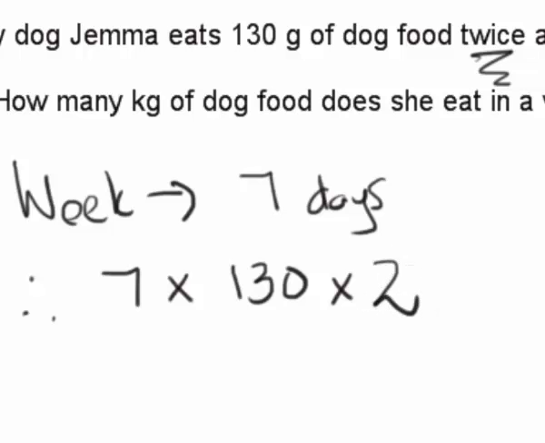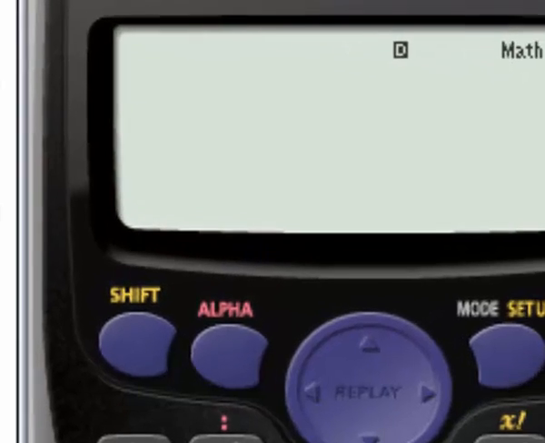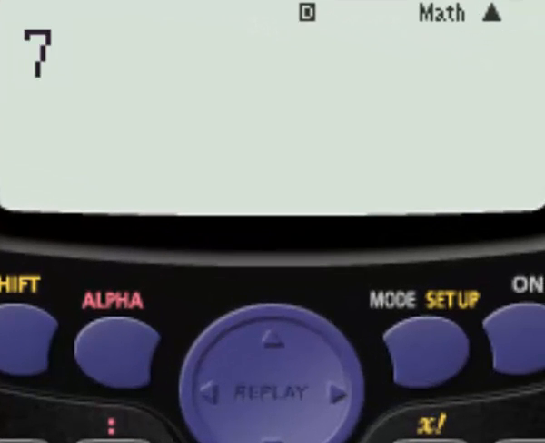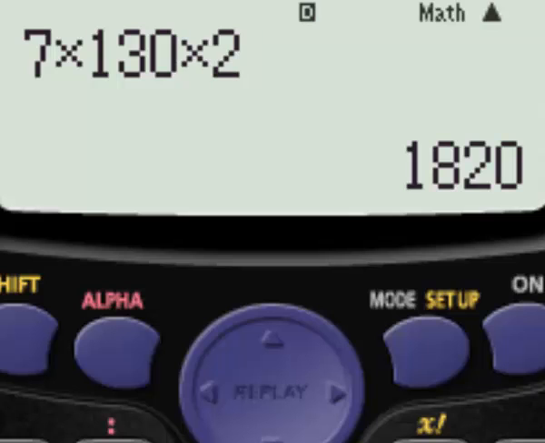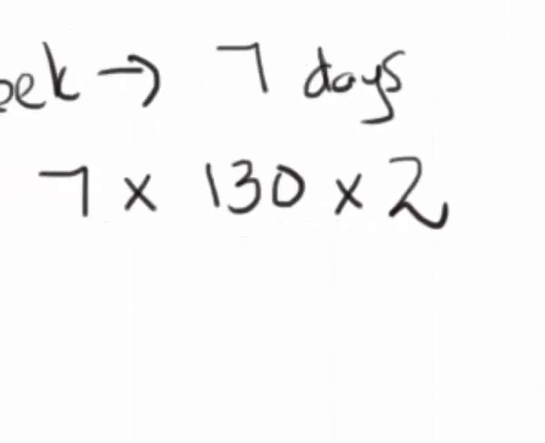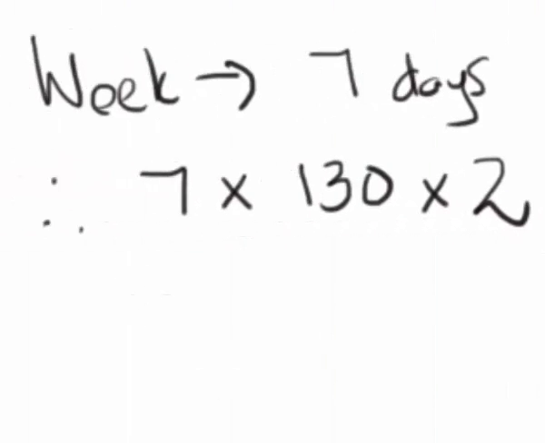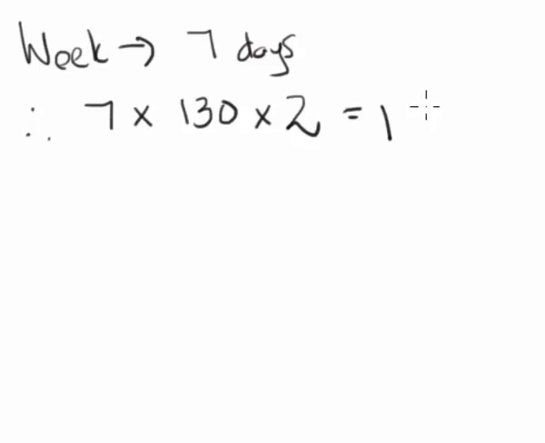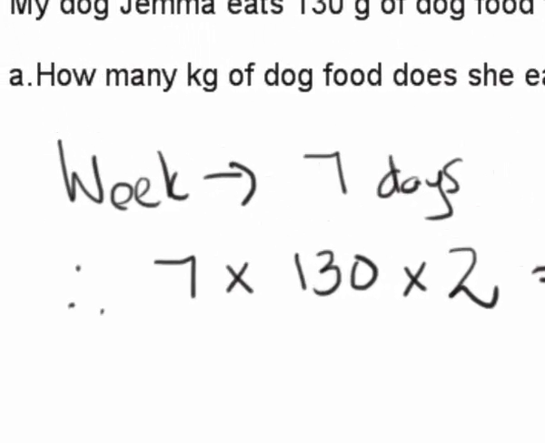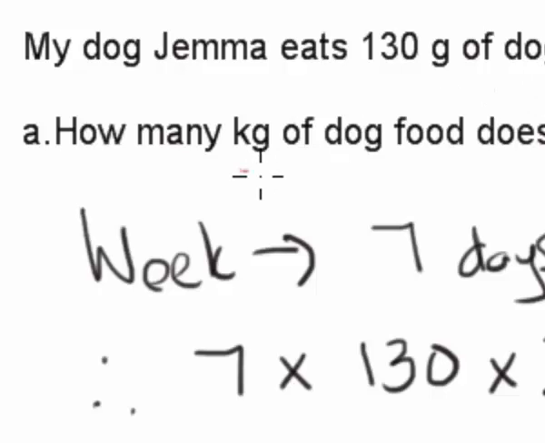Now let's use our calculator and see what that comes to. It's 7 times 130 times 2, and that gives us 1,820 grams. But the question said, how many kilograms of dog food does she eat in a week?